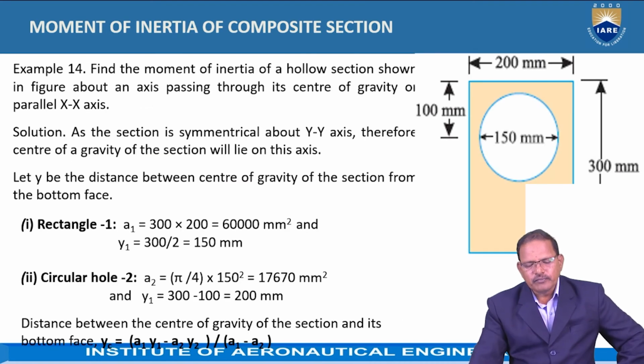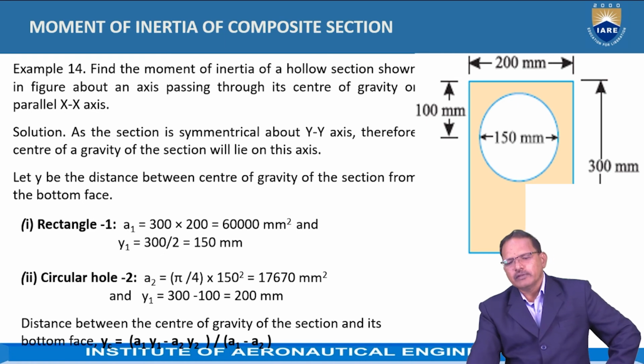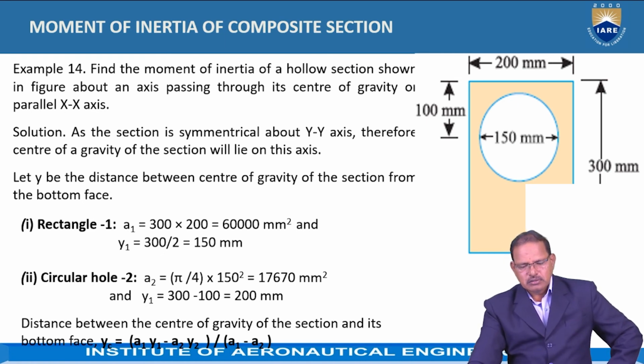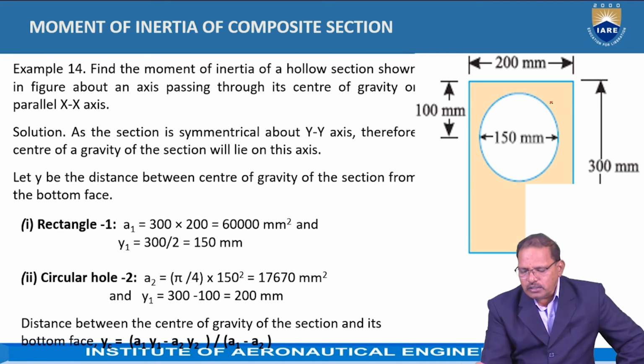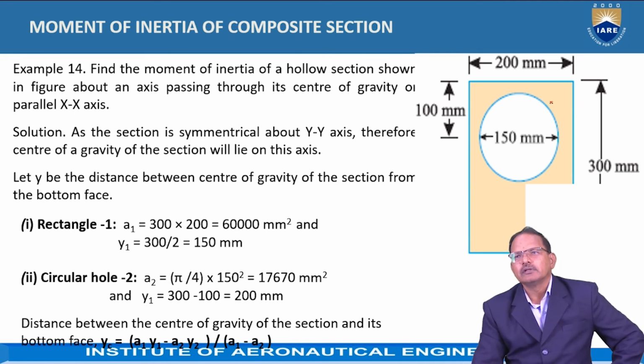Now I am going to find the moment of inertia of the section shown in the figure about an axis passing through its center of gravity and parallel to the x-axis. If we observe this figure, it is symmetrical about the vertical axis, and the bottom line is treated as the y-axis as shown in the figure.